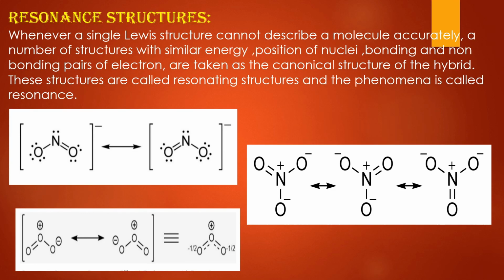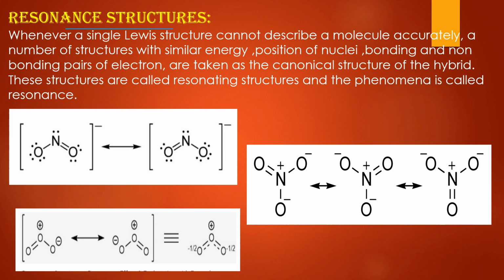Now the next parameter is resonance structure, or resonance. What is resonance? First of all you should know this. Whenever a single Lewis structure is not appropriate to describe all the properties of a molecule, more than one structure is given to explain the properties, and these structures are called resonating structures, and the phenomenon is called resonance.